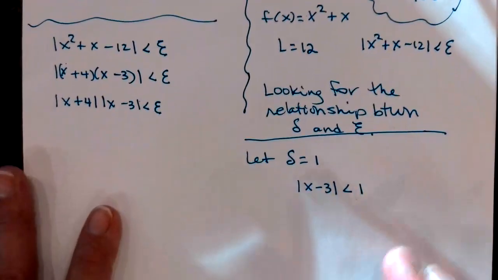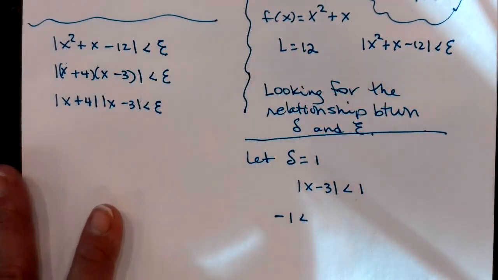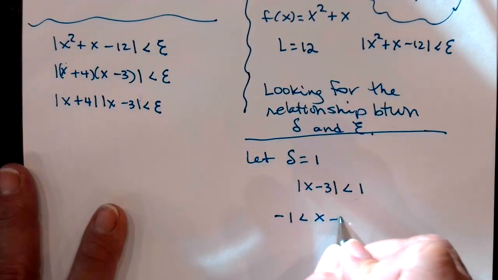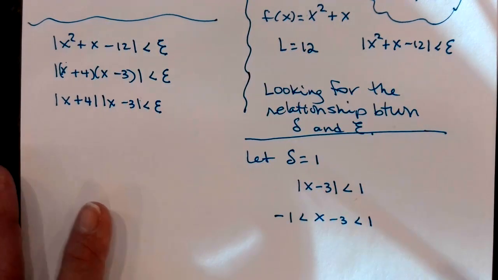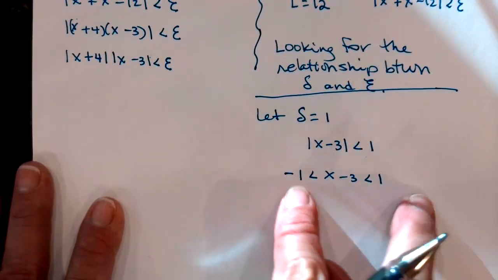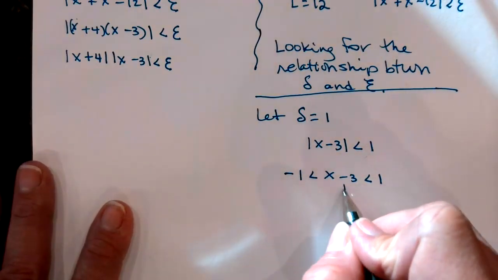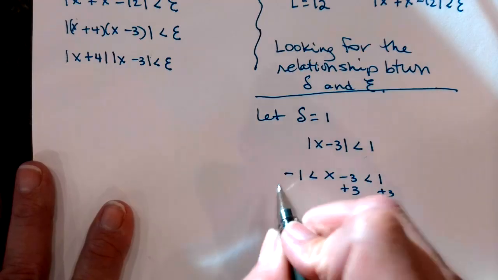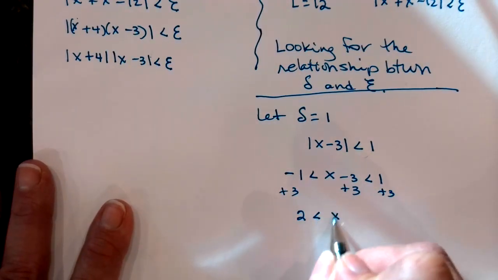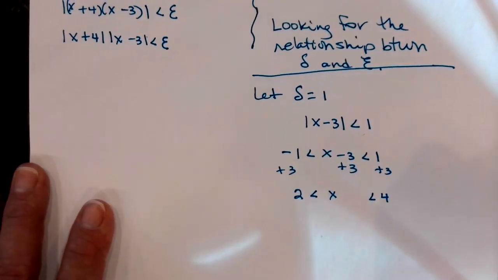Solving that absolute value inequality, if you think about the pluses and minuses in inequalities, or you can trust me on it, x minus 3 is between plus and minus 1. Solving that for x gives us 2 is less than x, less than 4.